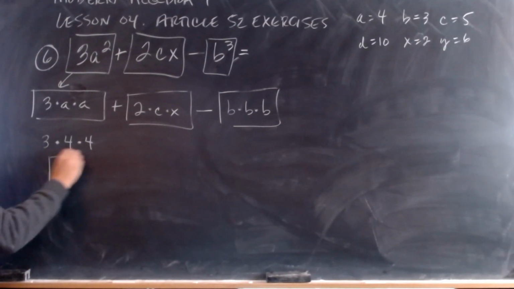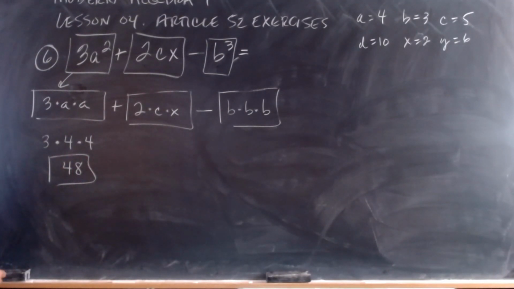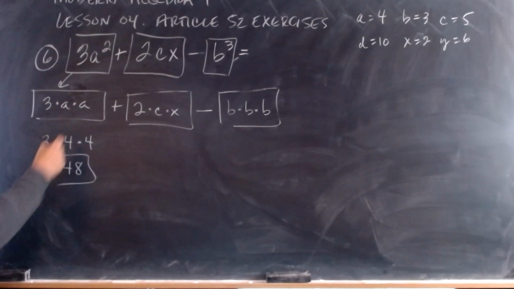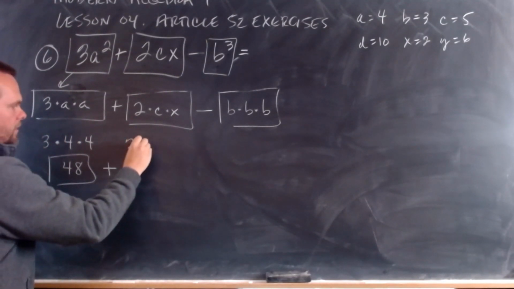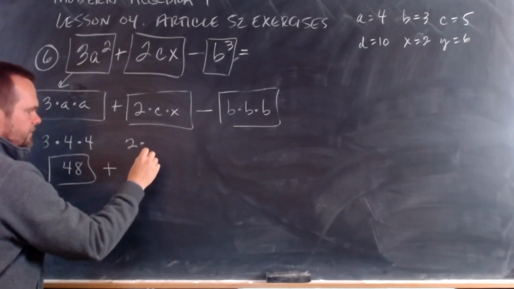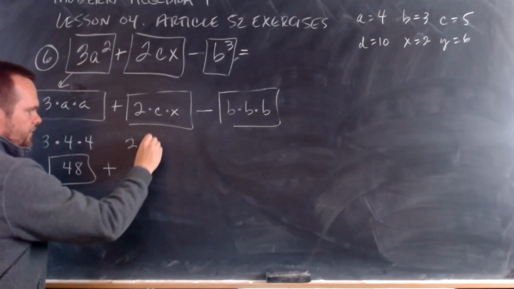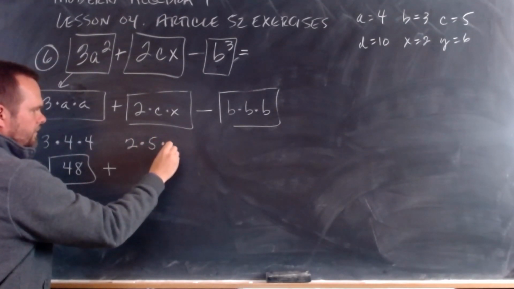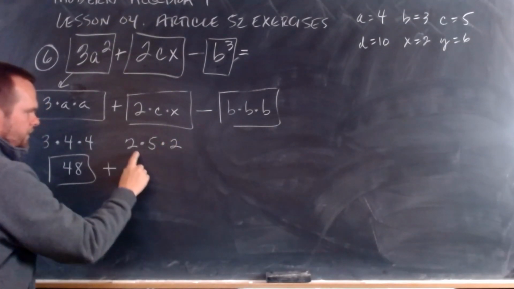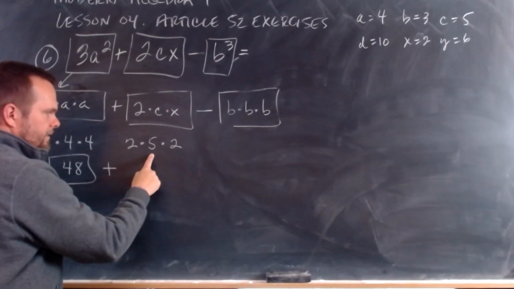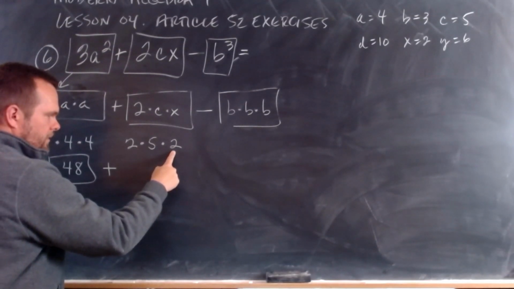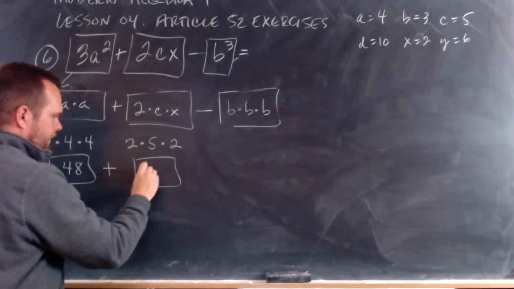So the value of this term, if a equals 4, is 48. Plus 2 times c times x. What's 2 times 5? 10. 10 times 2 is 20. The value of this term is 20.